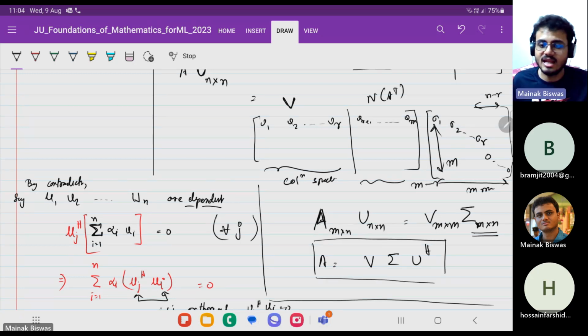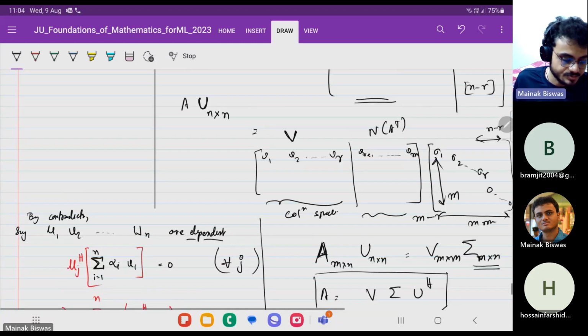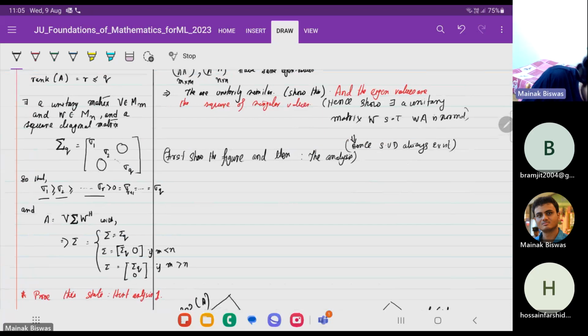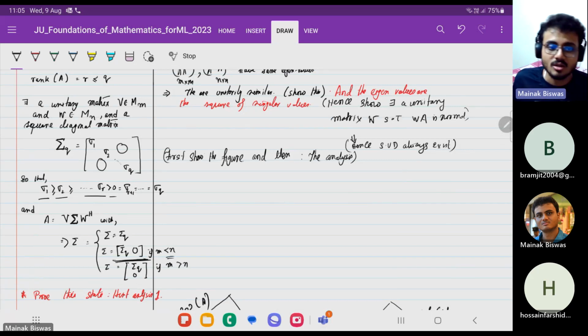Any matrix can be written in this form such that all the singular values are positive. As I have shown you, you append zeros in case N is more, and similarly you append zeros below in case N is less. That is the geometry of the singular value decomposition.